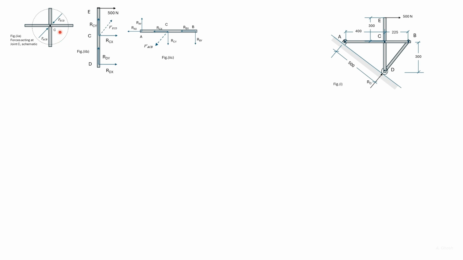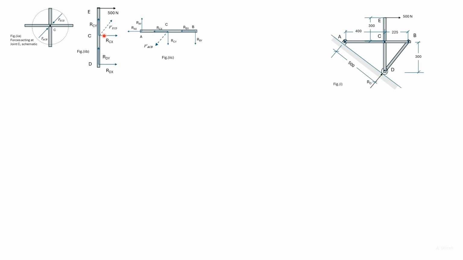The pin at C will also react with the force F dash ACP acting on the bar ACB. Like these two forces acting on the pin, F dash ECD and F dash ACP have to be equal in magnitude and opposite in direction.